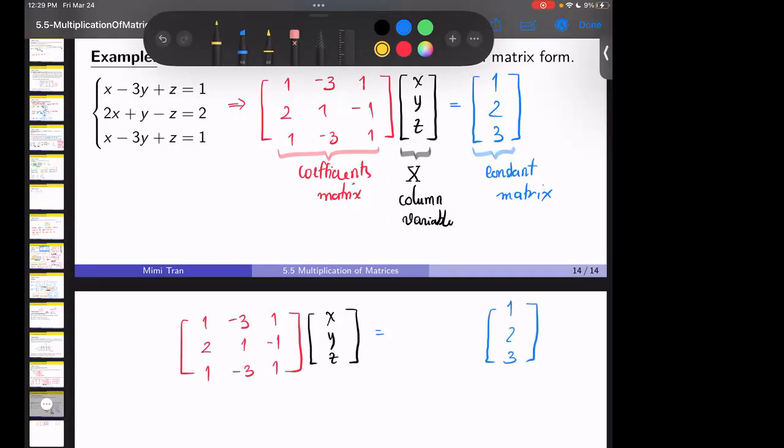I need to get rid of the red matrix. Remember, this is A, right? That's A. So I have to multiply both sides by what? A inverse.